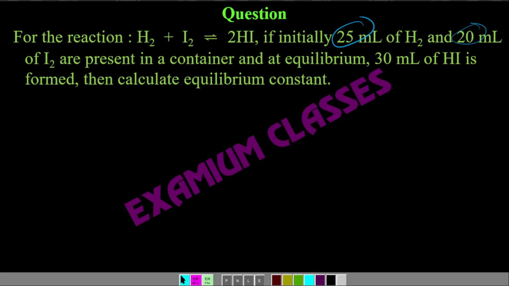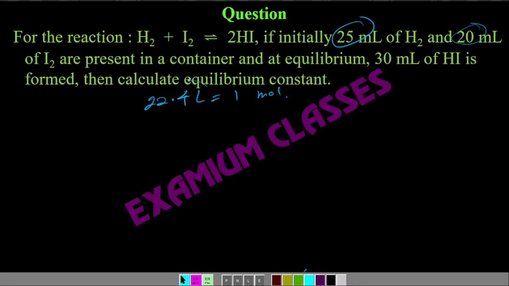Now remember, when all of these are gases, the volumes can be in the same ratio as the moles, because 22.4 liters at STP will be equal to 1 mole. So 25 milliliters will be equal to some moles, but the factor of proportionality will always be the same.